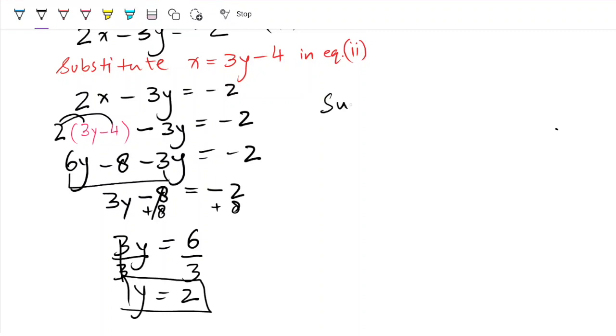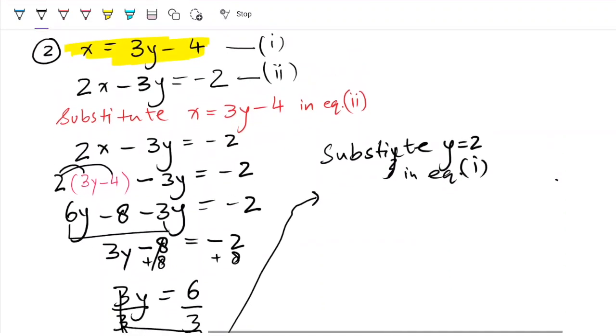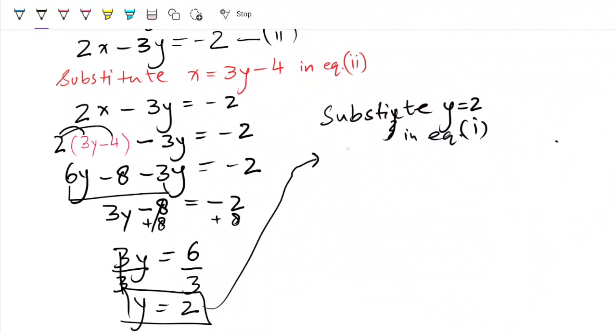Now we substitute y as 2 in equation 1. Equation 1 is x equal 3y minus 4. So x equal 3 times 2, because y is 2, minus 4.